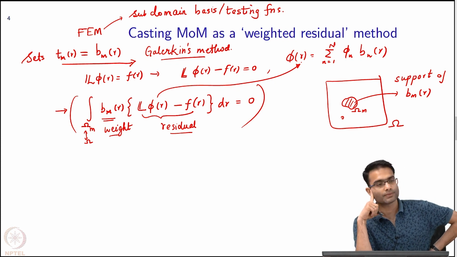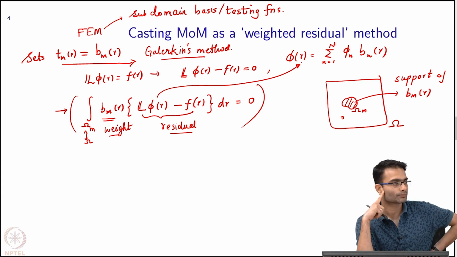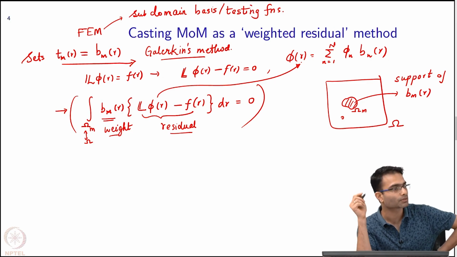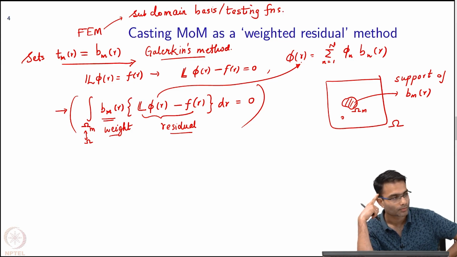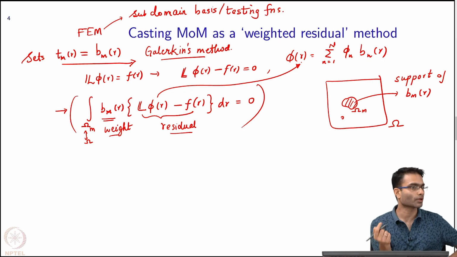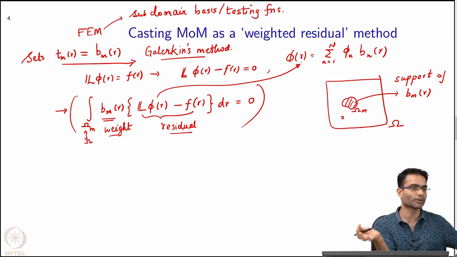So, how many unknowns in this equation? N unknowns. And how many equations is this? I mean, this is just one equation. For a given choice of Bm, this is one equation.